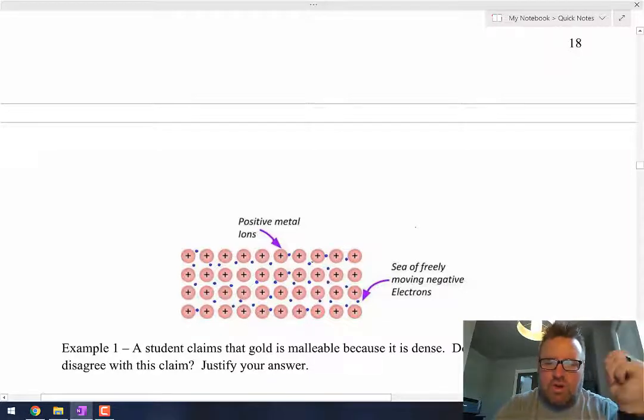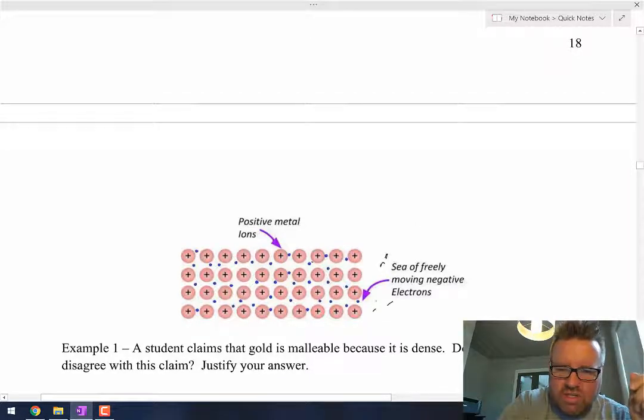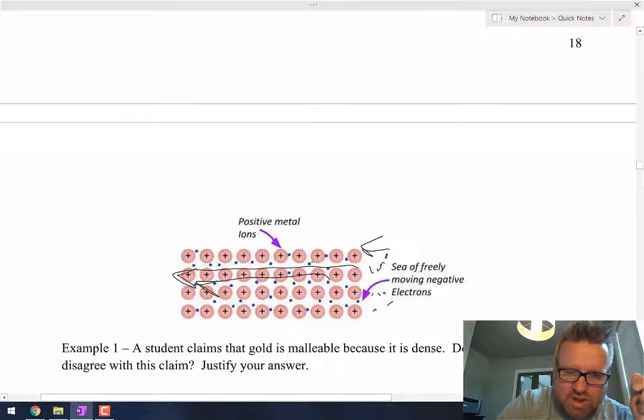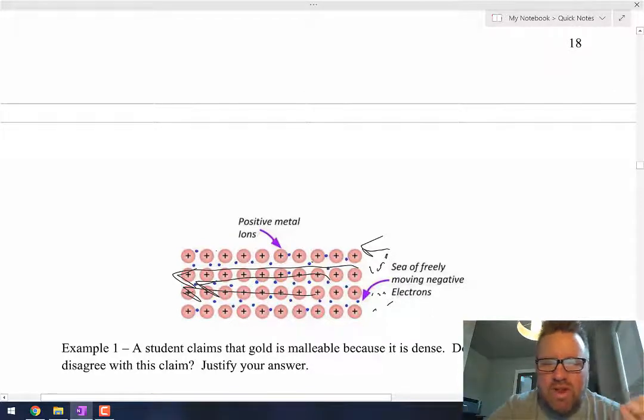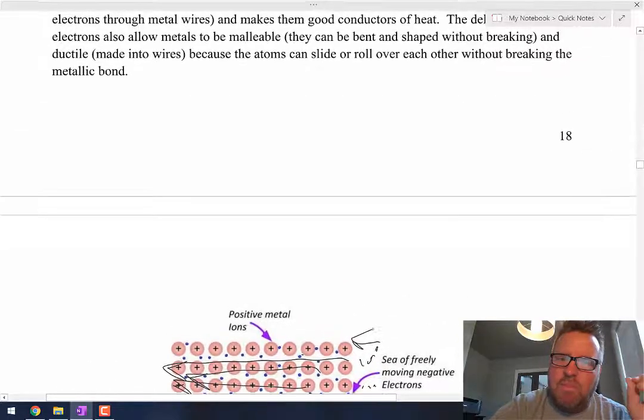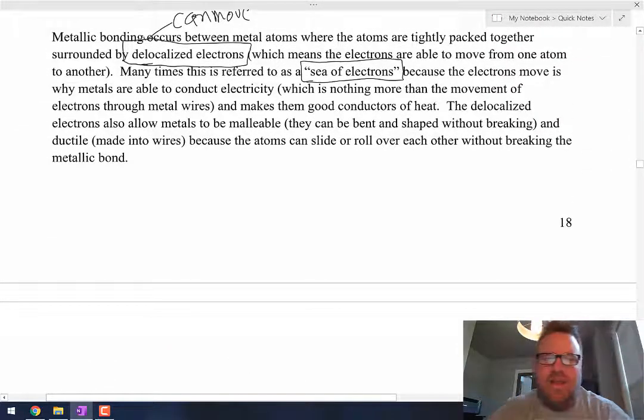So when you turn on the switch and a whole bunch of electrons start moving in from this side and in that direction, all the electrons start moving. Okay, and the movement of electrons is electricity. And that's why metals are so good at conducting electricity.